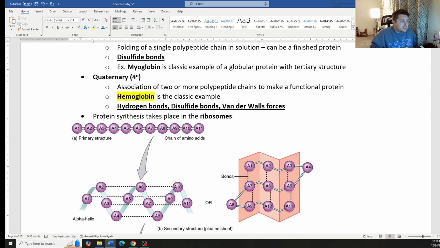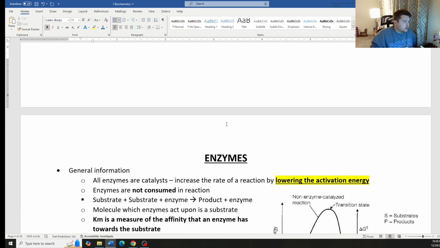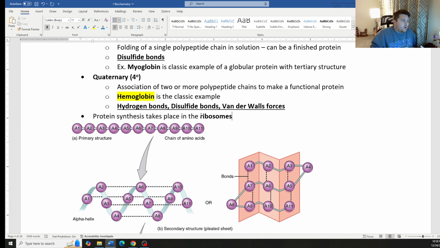All of this protein synthesis is going to take place in these structures known as ribosomes. We think back to our cellular biology. Where are ribosomes located? Ribosomes are located in our rough endoplasmic reticulum. So remember, we have the nucleus where DNA is held. We scan that DNA.